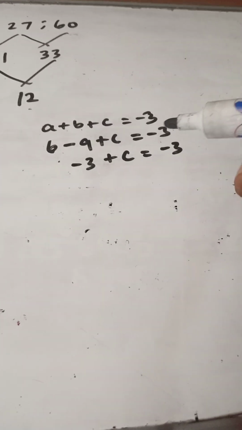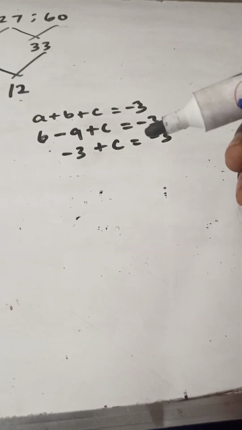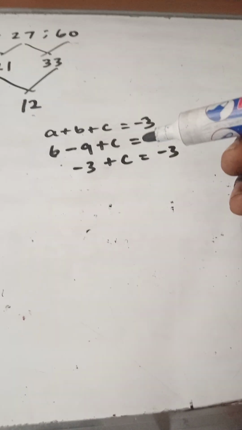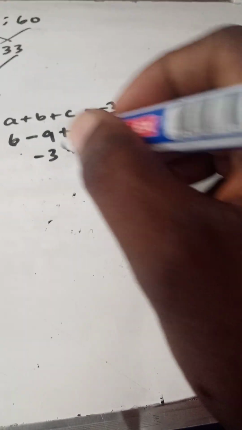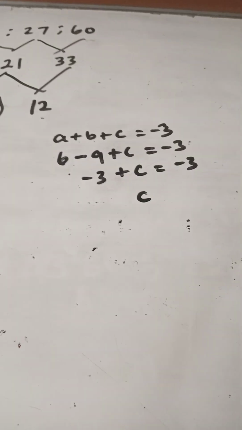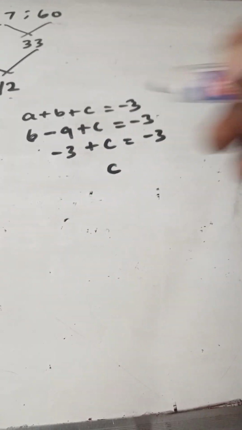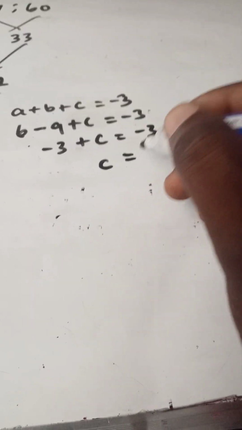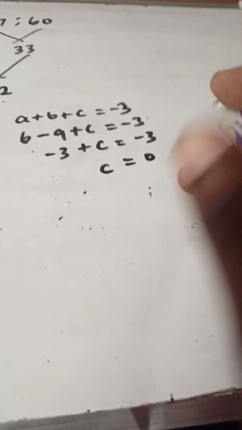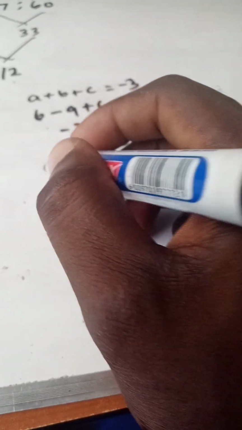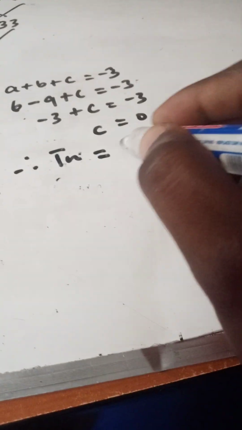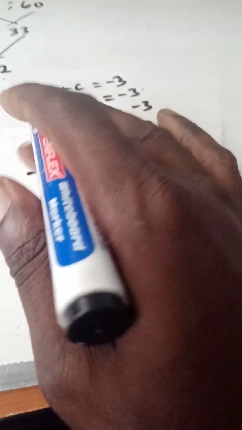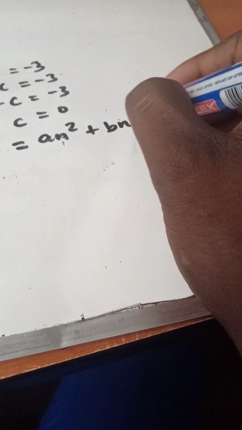So in this case, what do we have here? To solve for C, just transpose this minus 3 on the left to the right. It moves with the negative sign, so it changes to become positive. So minus 3 plus 3 gives you 0. Now in this case, we say therefore our Tn is equal to an squared plus bn plus c.